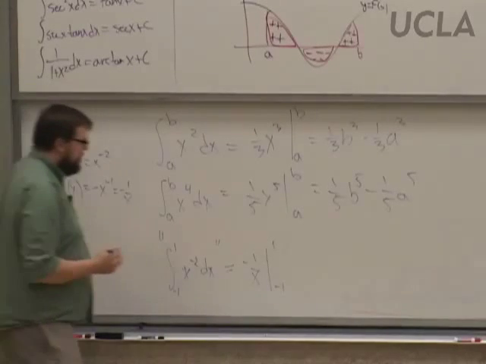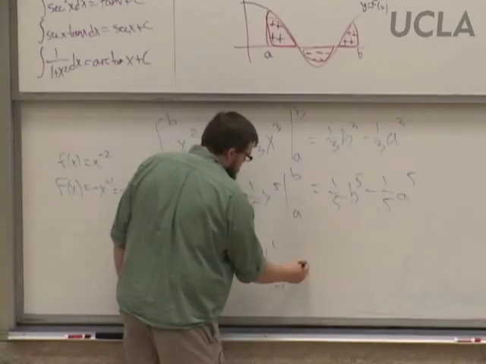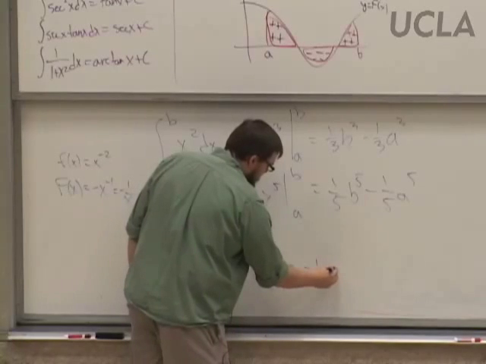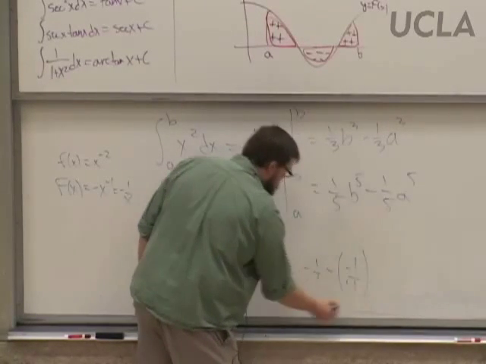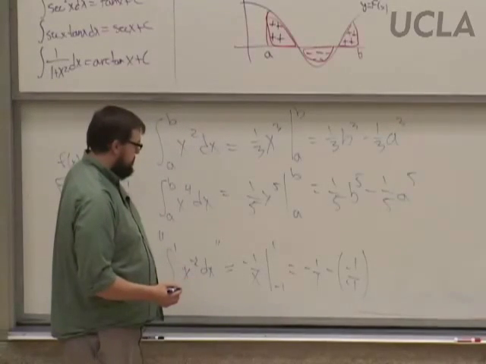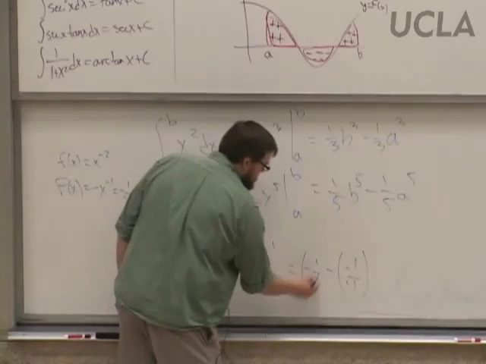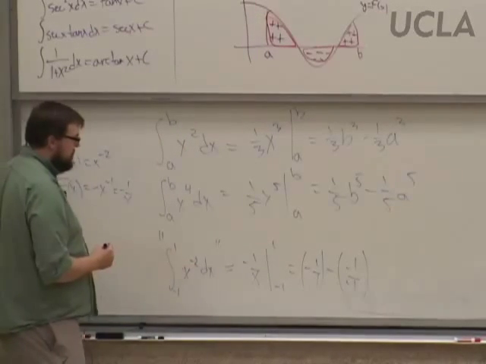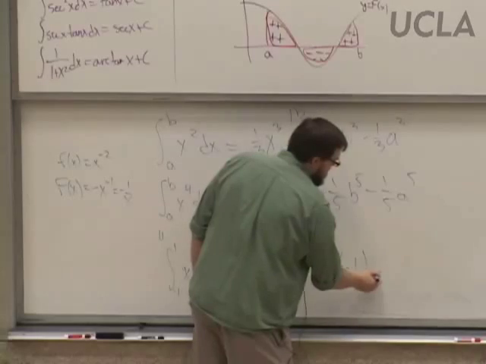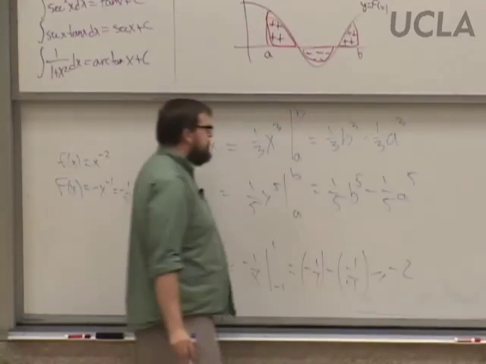Let's see what that is. So this is -1 over 1 minus -1 over -1. Which is -2. Now, is -2 the right answer?